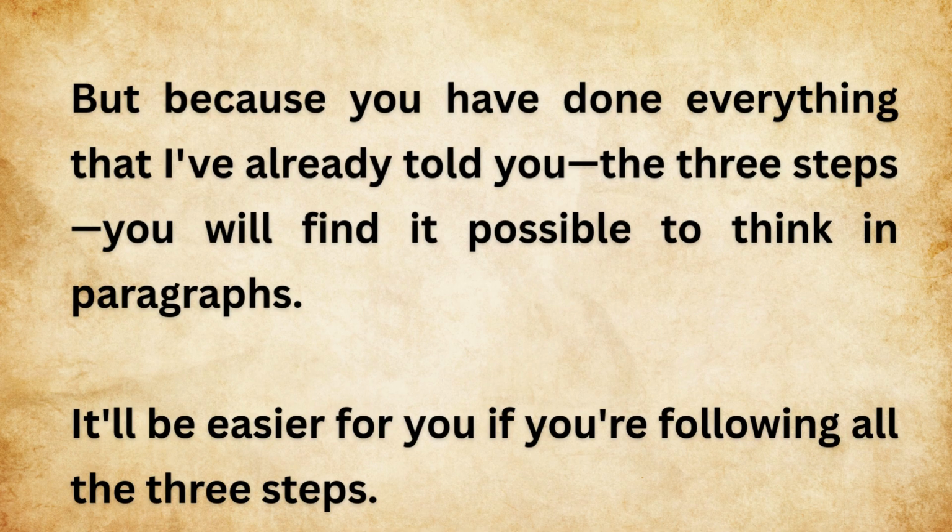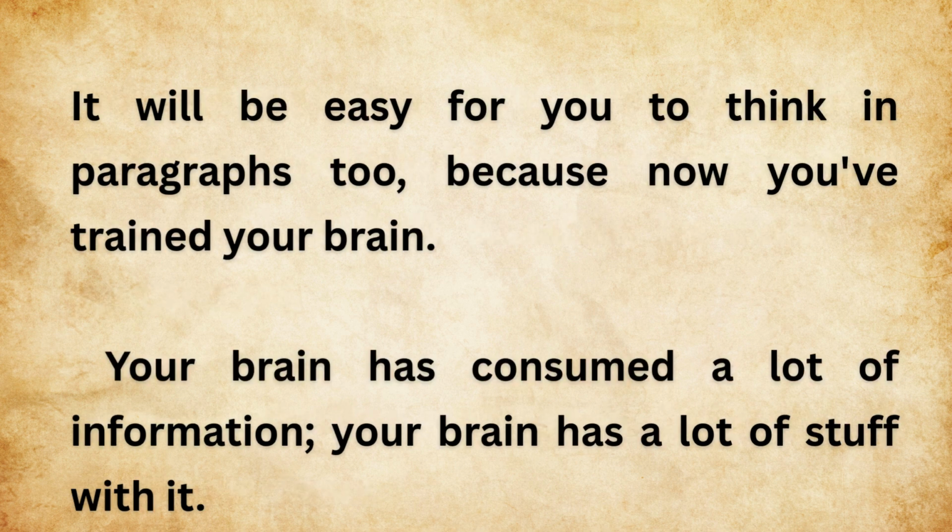But because you have done everything that I've already told you, the 3 steps, you will find it possible to think in paragraphs. It'll be easier for you if you're following all the 3 steps, because now you've trained your brain. Your brain has consumed a lot of information.